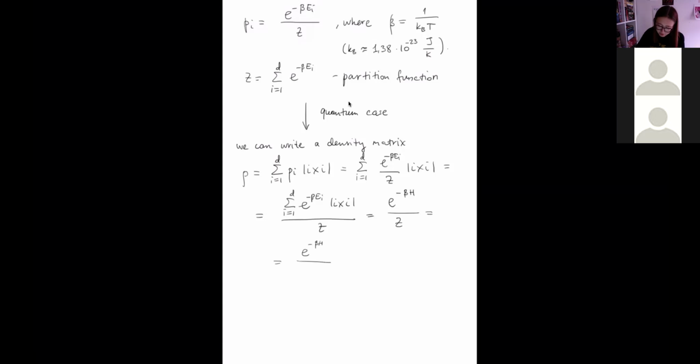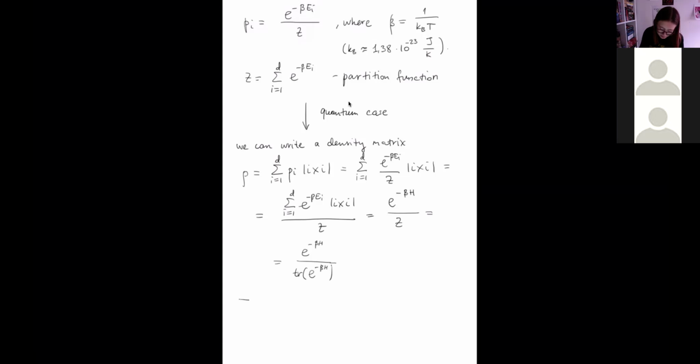So the partition function Z is the trace of the matrix in the numerator, and then the trace of the density matrix is exactly 1.